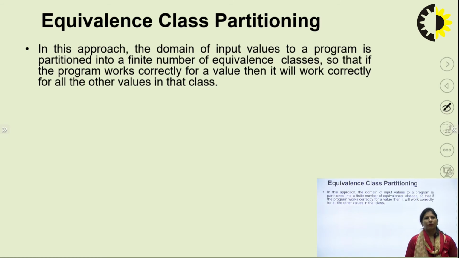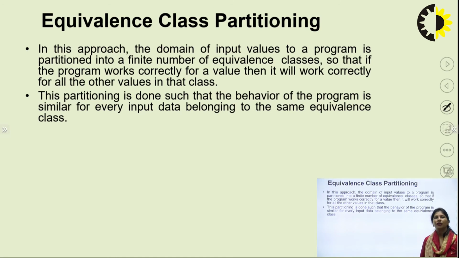Or let us take another example: if the value of 2 is correct, the value for 3 is correct, the value for 4 is correct, I will assume the value for 5 is also correct. So it will work like this. We have to divide the inputs into equivalence classes.